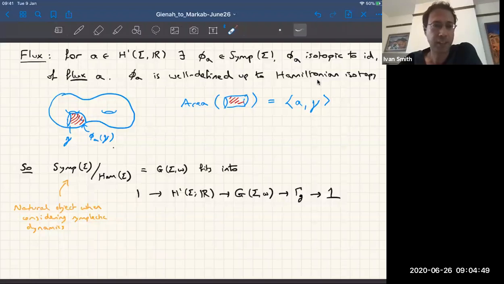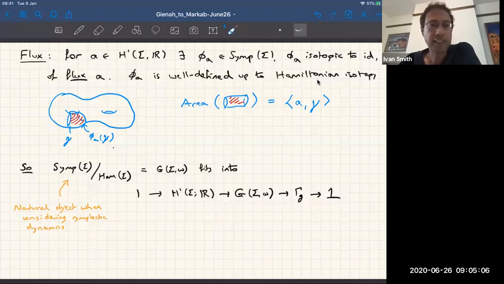So here, if I take a loop gamma on my surface, phi_A is isotopic to the identity. If I move gamma through that isotopy, I sweep a little cylinder whose area is given by A on gamma.